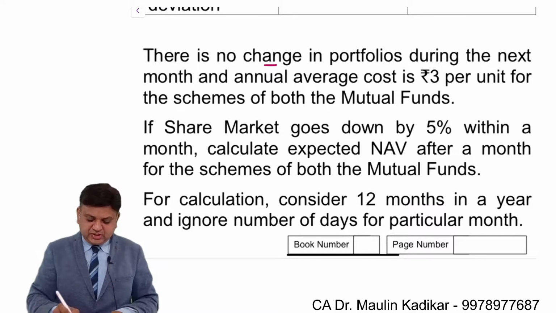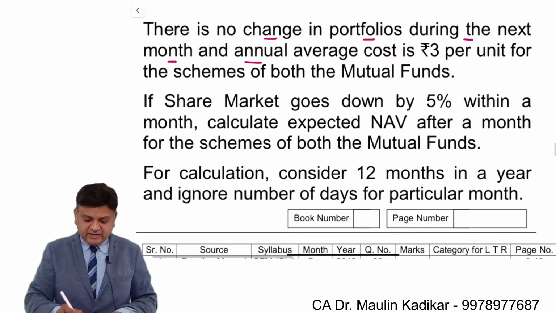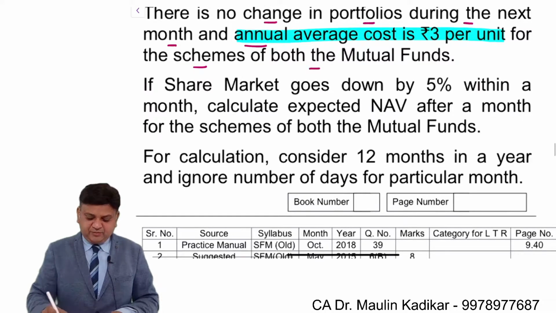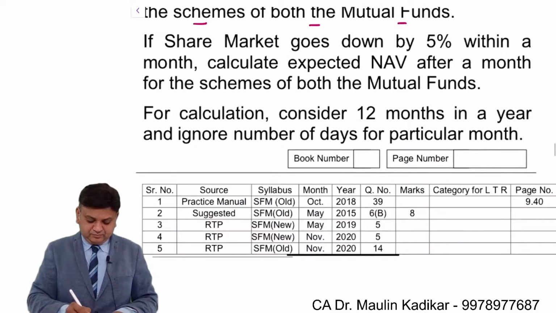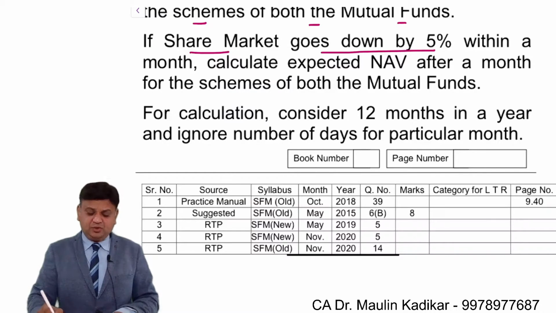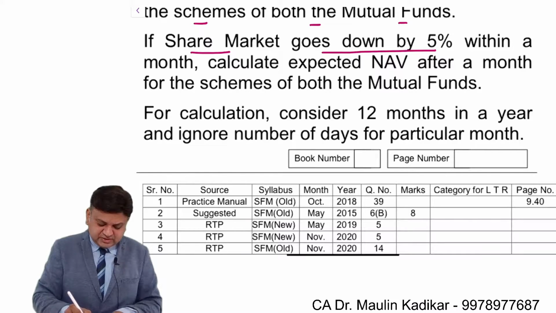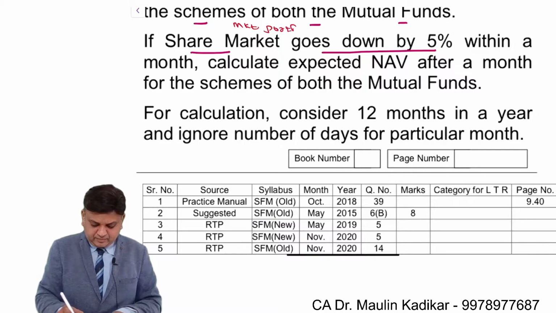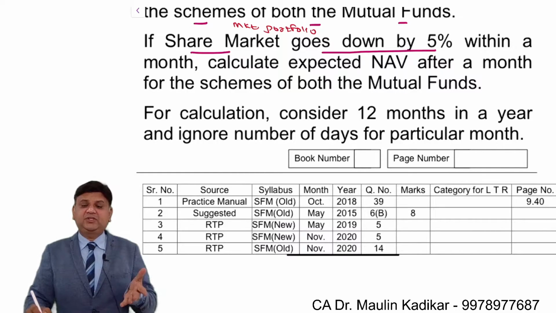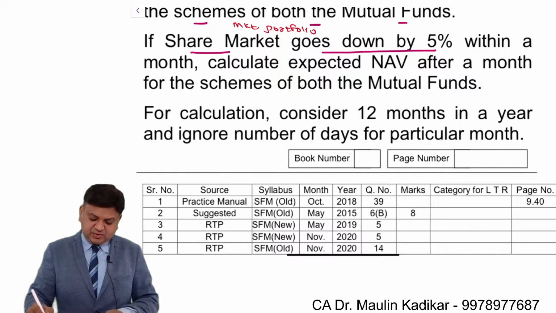There is no change in the portfolio during the next month, and the annual average cost, highlight the words annual average, is 3 rupees per unit for the scheme of both the mutual funds. If the share market goes down by 5%, you have to understand that the market portfolio has fallen, meaning Nifty or Sensex has gone down.